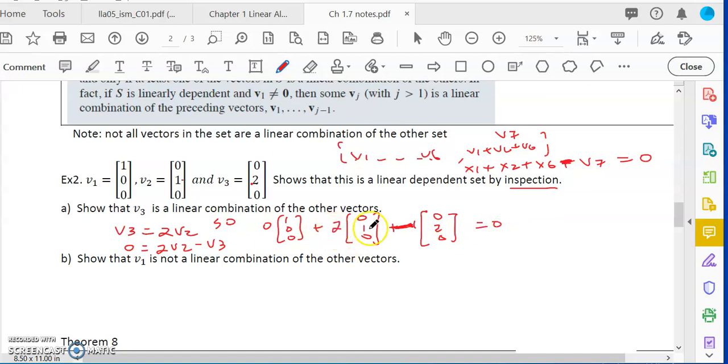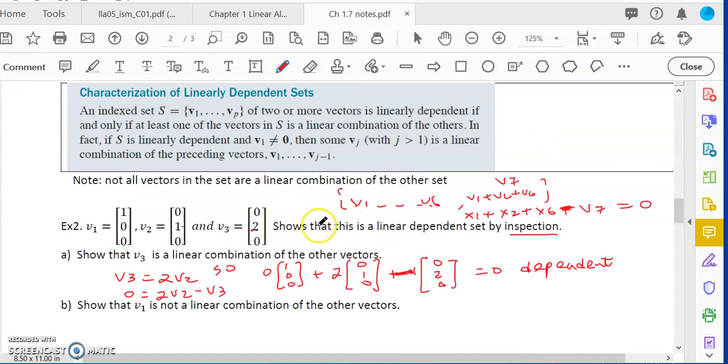There, I have a linear combination of the 3 vectors equal to 0, although one of the weights is 0, and so that's why it's dependent. And even if we don't want to use the definition, you can say if one vector is a linear combination of the others, then it is linear dependent.